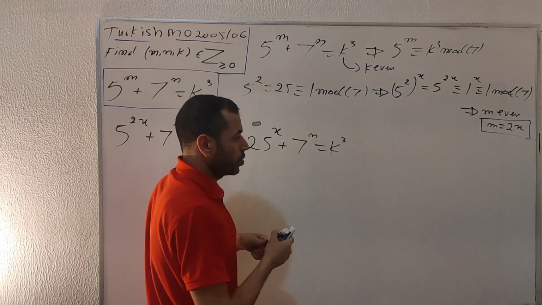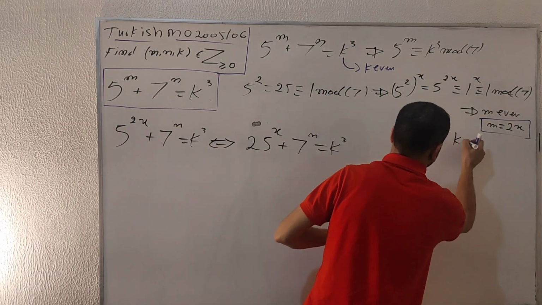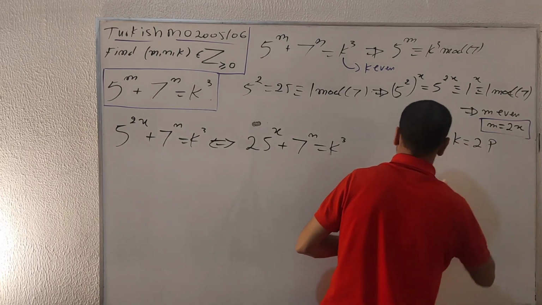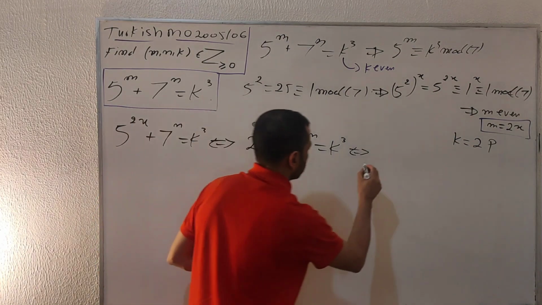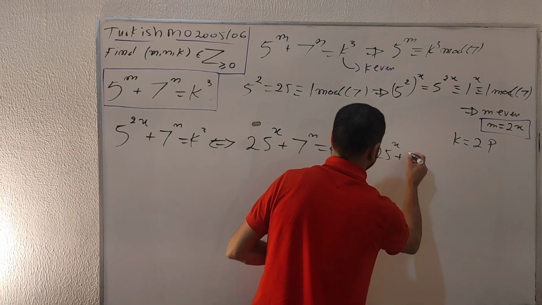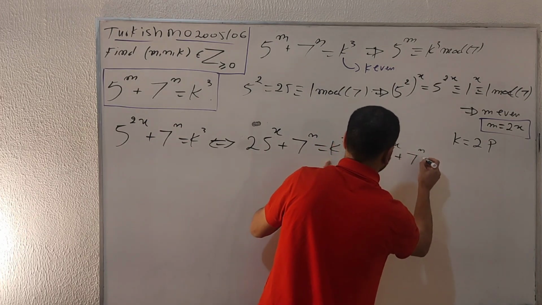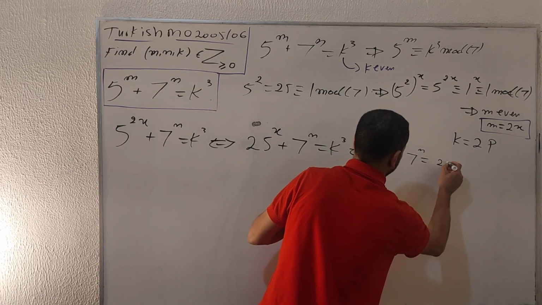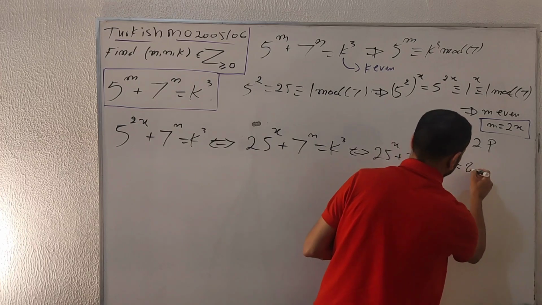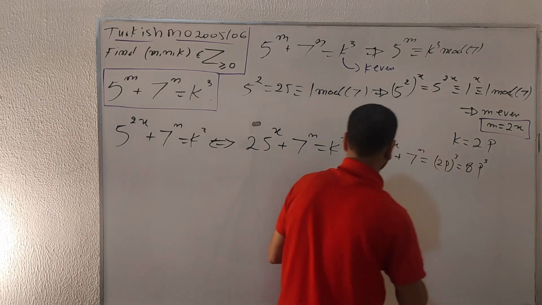If k is even, k must be written in this form, k equals 2p like this. Okay, we will have 25 to the x plus 7 to the n equals 2p cubed, which means equals 8p cubed like this.